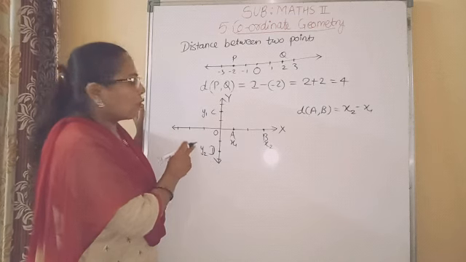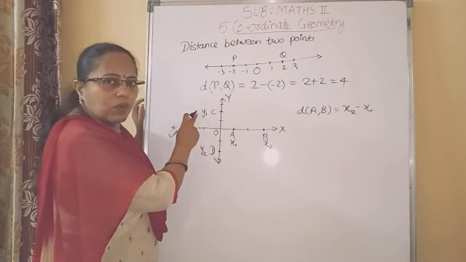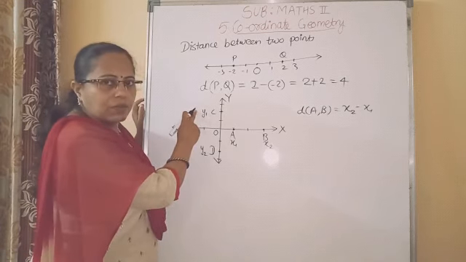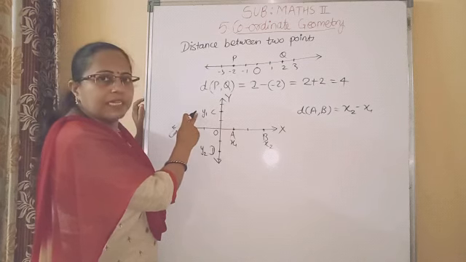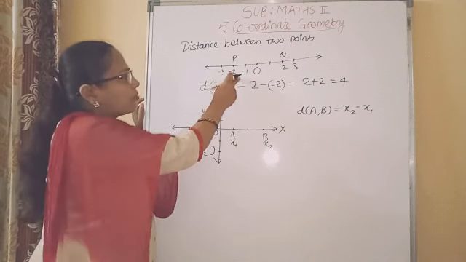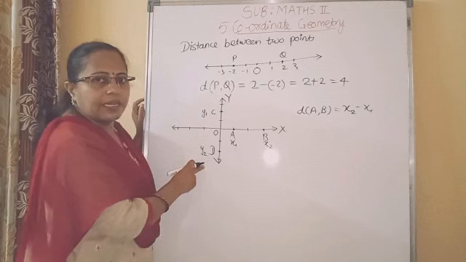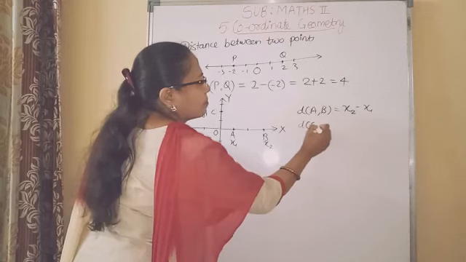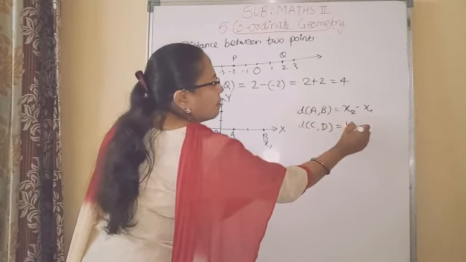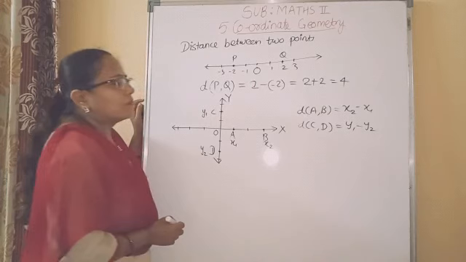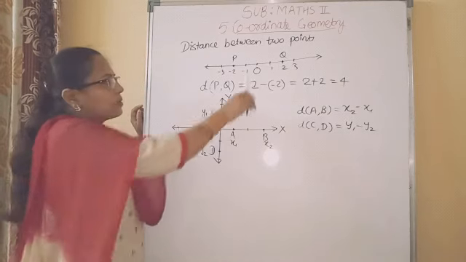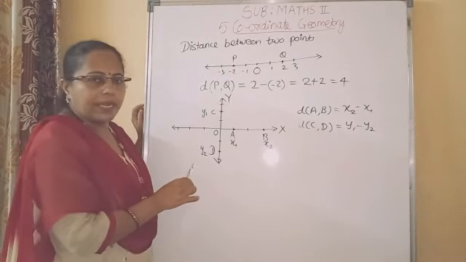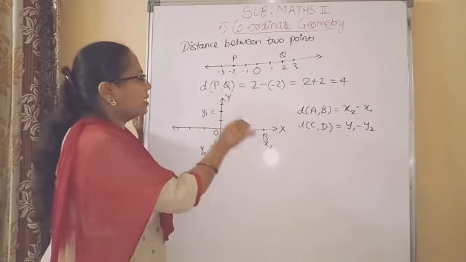So y2 is a negative coordinate, y1 is a positive coordinate. A negative coordinate is always smaller than a positive coordinate, so y1 is greater here. According to the same formula, greater coordinate minus smaller coordinate, the distance between C and D is y1 minus y2. Understood? So this concept we can use to find the distance between any two points if they lie on the axis.